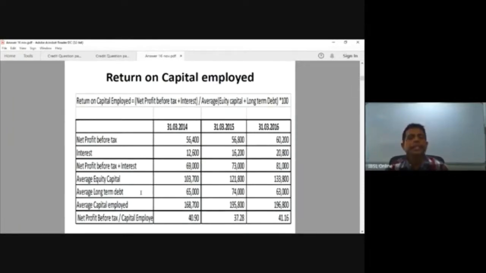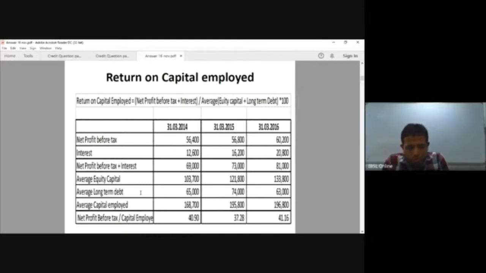Since you are taking the debt capital, we have to take the profit before interest. That's why the ratio shows net profit before tax plus interest, divided by average capital. Average capital means average equity capital plus average debt capital, into 100.